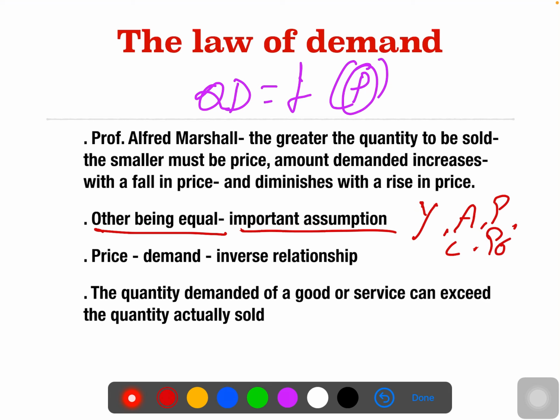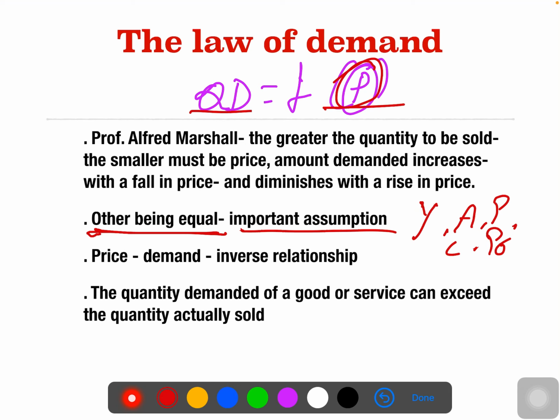The only determinant which is going to change and influence the demand is price. That is called other things being equal, the ceteris paribus we have already studied in the previous video.